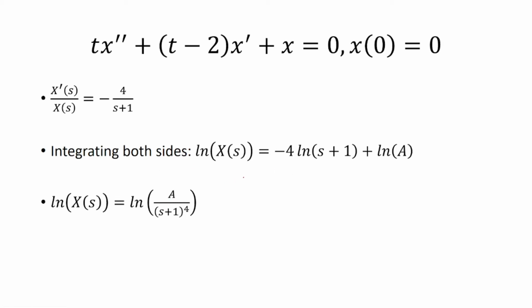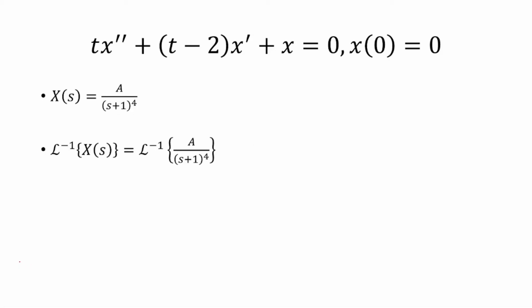So let's try to write this out. Actually, the 4 is going to come up as an exponent. And so a is going to be on the top, (s plus 1) to the 4th is going to be on the bottom. And then we're going to do e to both sides. And so that's going to be X(s) equals a over (s plus 1) raised to the 4th power.